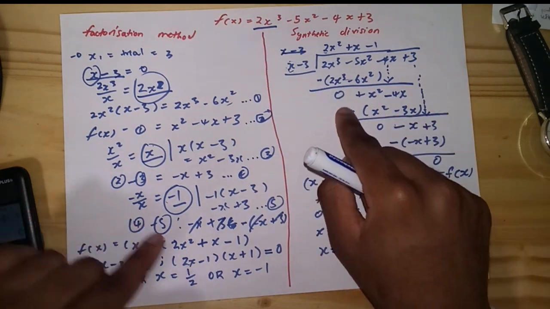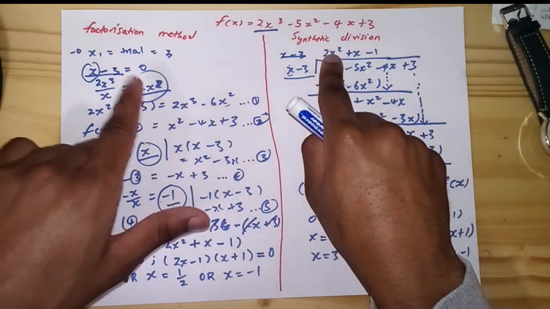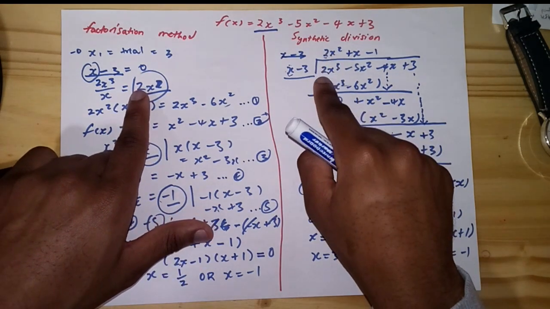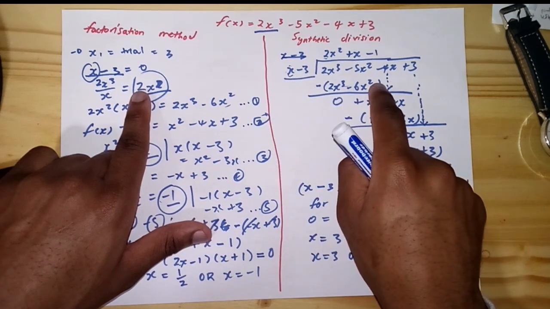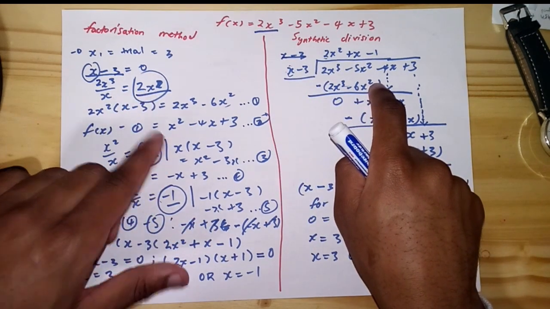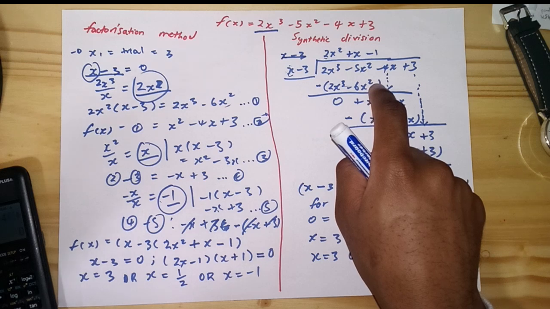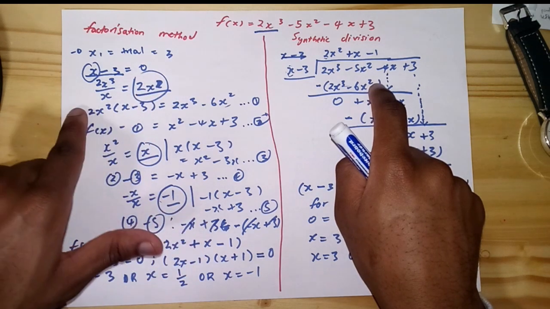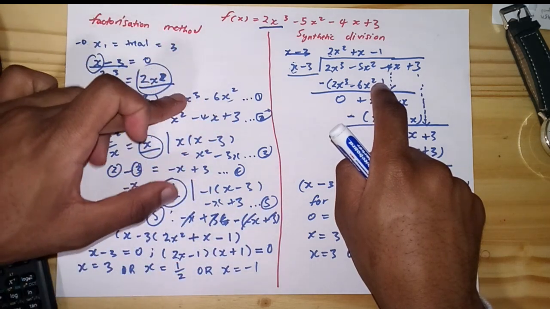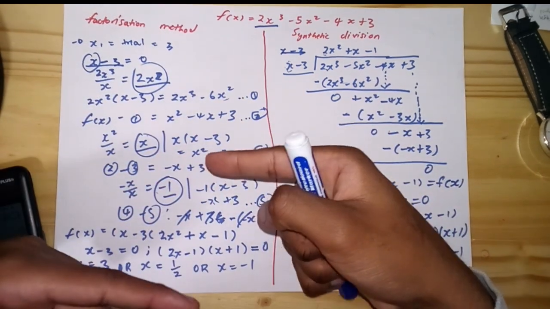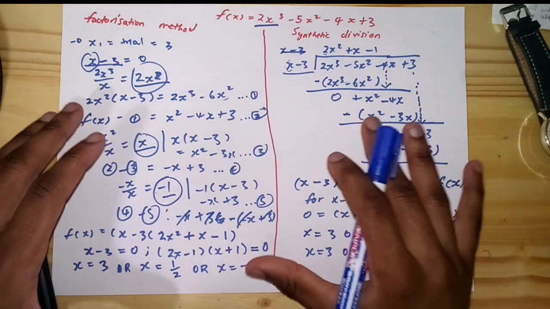That's what you did for both of them. The next step was to multiply this, and then find the next expression. You multiplied this with this, found your next expression, and then subtracted your next expression from your previous expression. That's the main thing that's going on here.